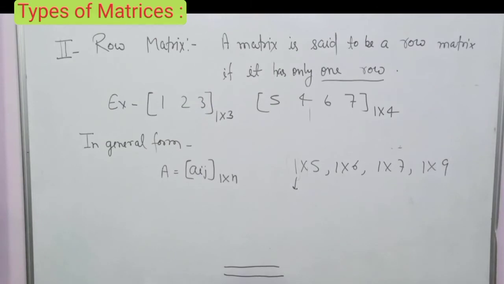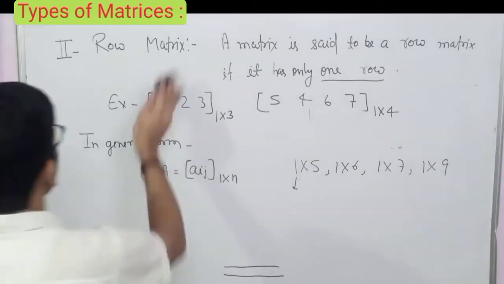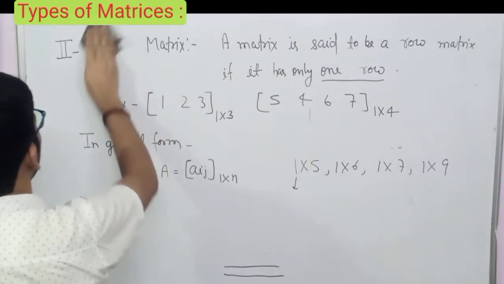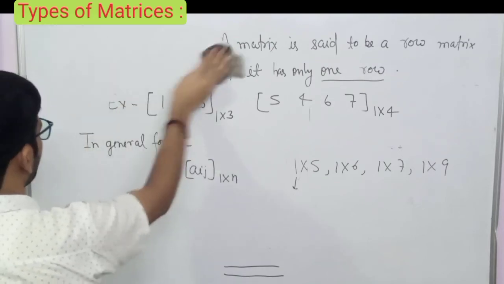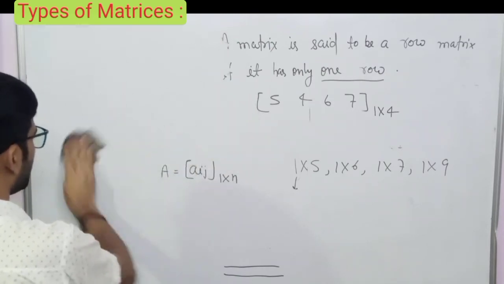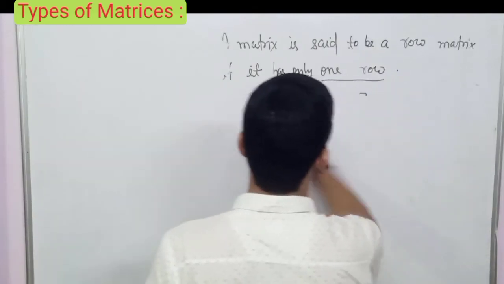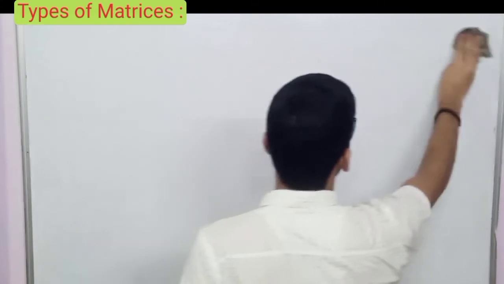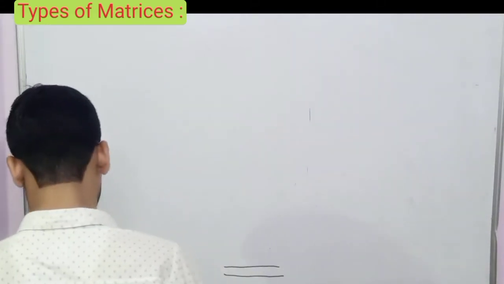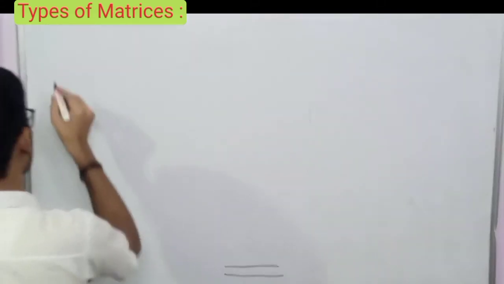So now we are going to the third definition, square matrix, and this is a very important matrix.